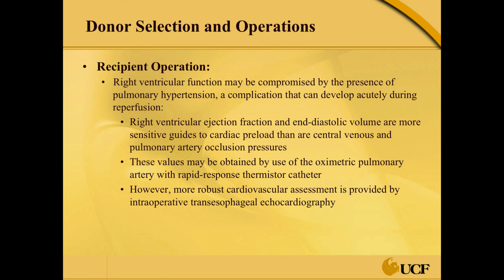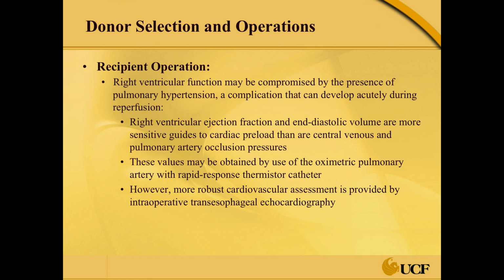Right ventricular function may be compromised by the presence of pulmonary hypertension, which is a complication that develops sometimes during the acute reperfusion process. So right ventricular ejection fraction and end diastolic volume are much more sensitive guides to cardiac preload than our central venous and pulmonary artery occlusion pressures. This is not something we're going to get from the Swan-Ganz catheter reading.